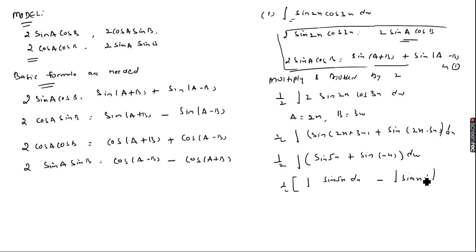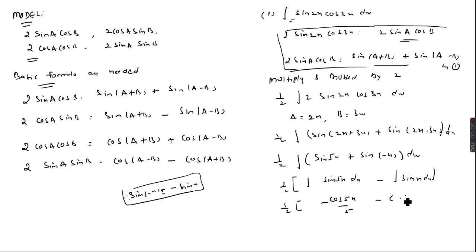Because sin is an odd function, sin of minus x equals minus sin x. So it is 1 by 2 into minus cos 5x by 5 minus of minus cos x.